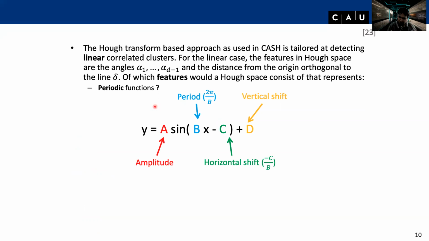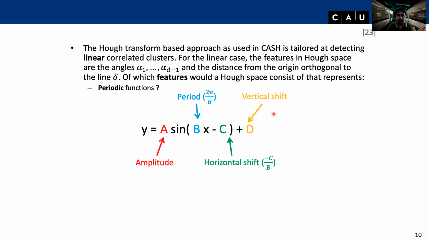So always, if you wish to model or design a nonlinear Hough space, ask yourself, what are the parameters of that particular function that you wish to detect? And in case of a periodic function, you have the amplitude A times sine of the period B times x, so here you have y and x, minus the horizontal shift C plus the vertical shift.